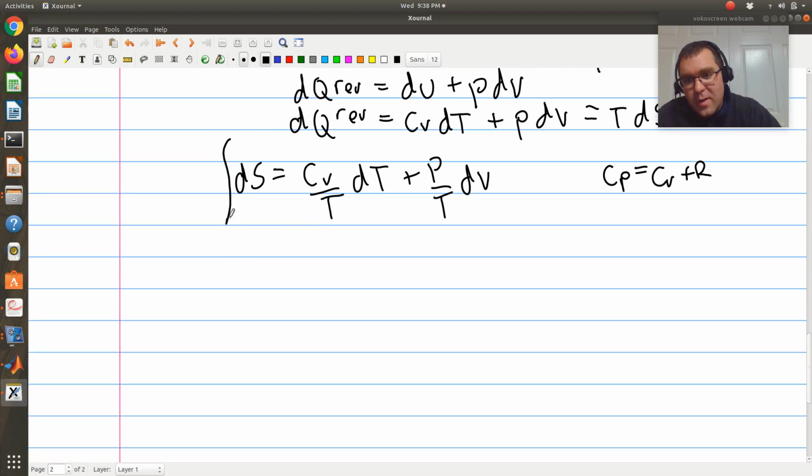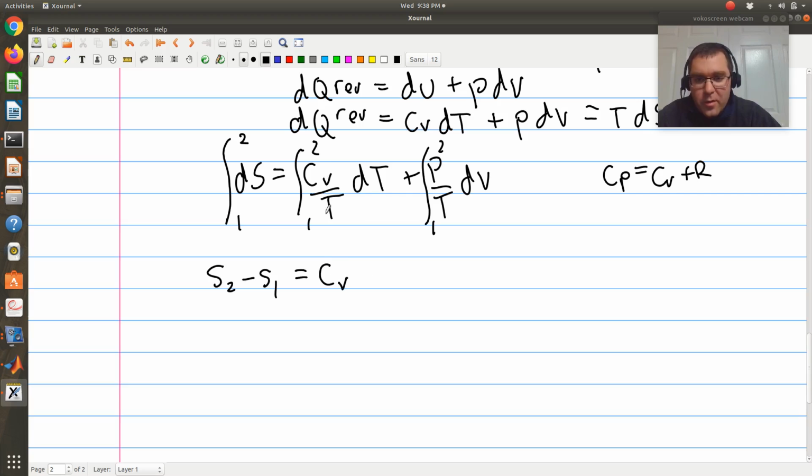So if I integrate from my inlet to my exit, or initial to final state, I'll write S2 minus S1 is equal to, since Cv is constant, I pull it out, and then the integral from 1 to 2 of 1 over T dT is log T2 over T1.